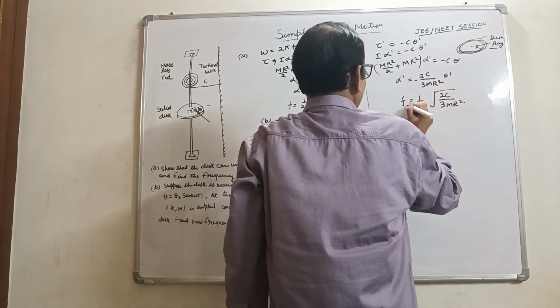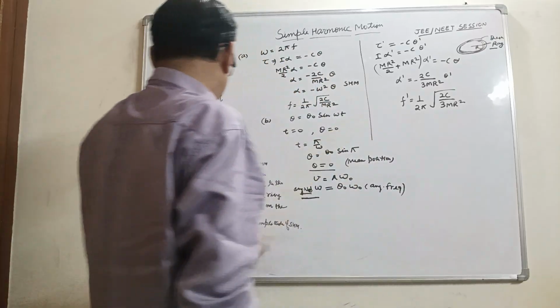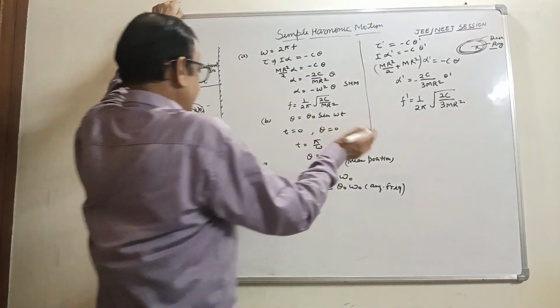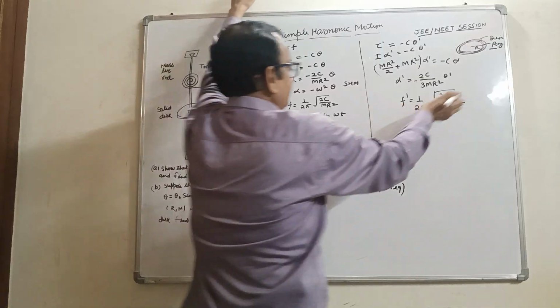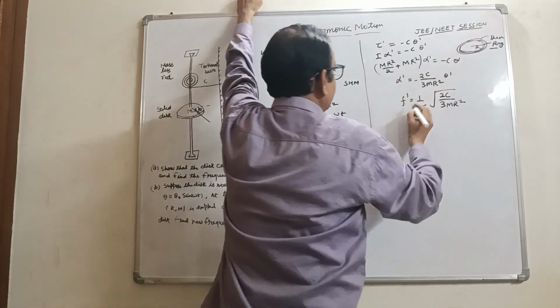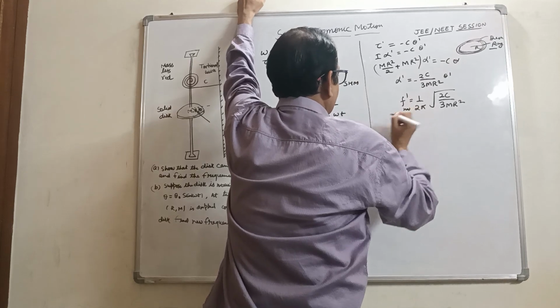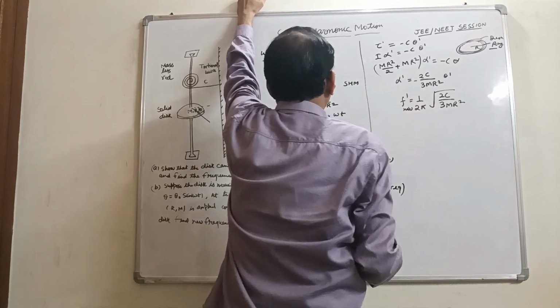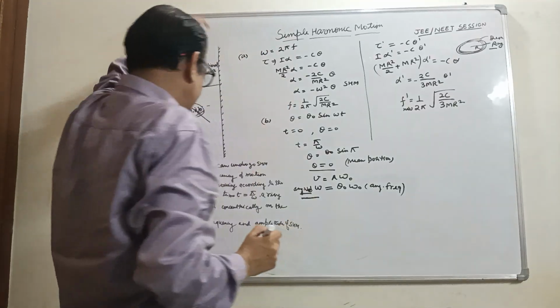This is the new frequency of the system when we place a ring on a disc concentrically.